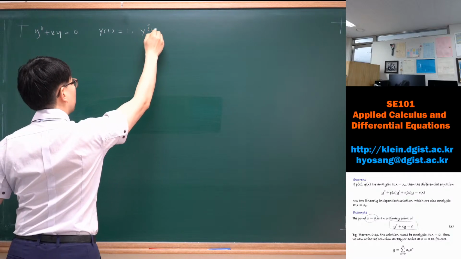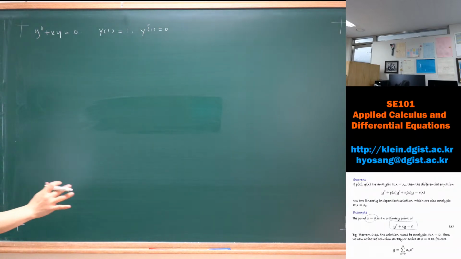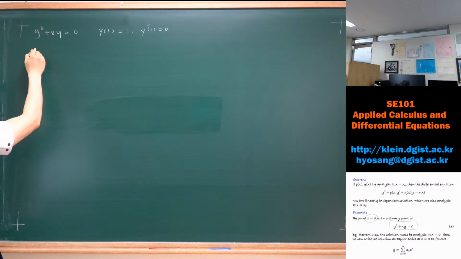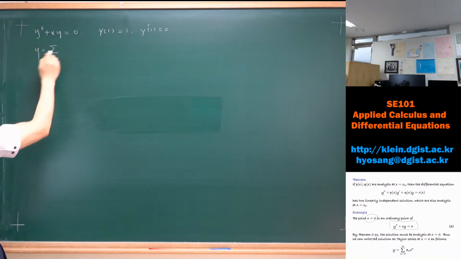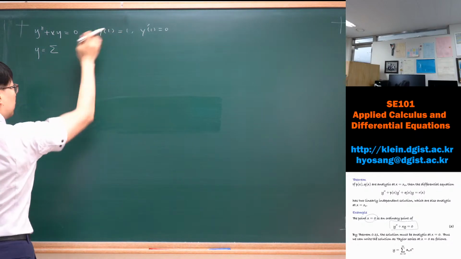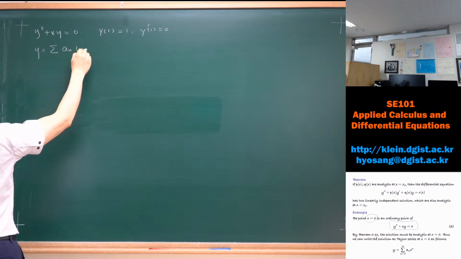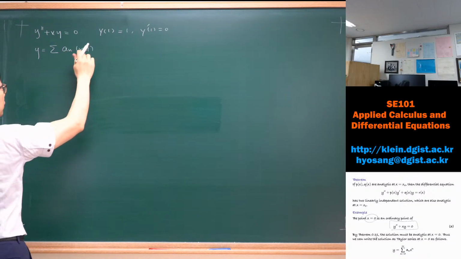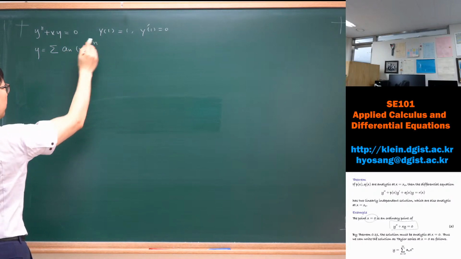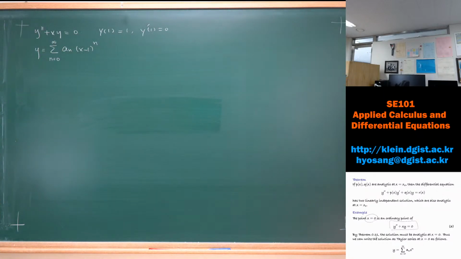So for example, like this. Then I need to find my series solution at a different ordinary point than 0, namely 1. So let's say my y is given as the sum of a_n, which is the coefficient, times (x minus 1) to the power of n, where n goes from 0 to infinity.